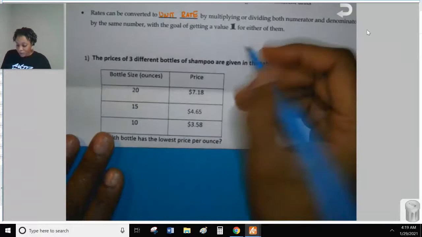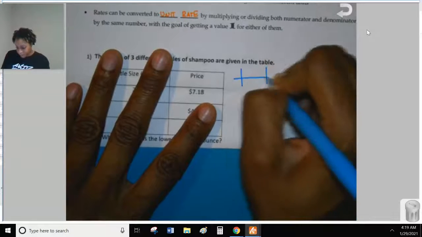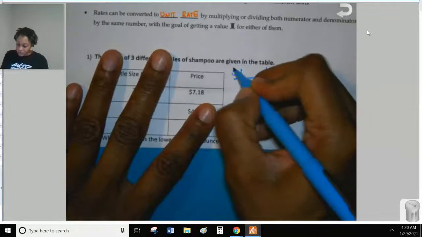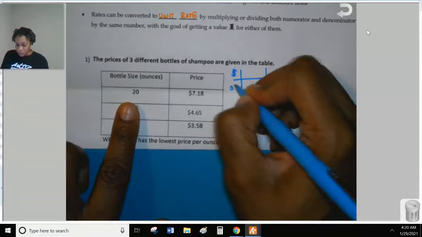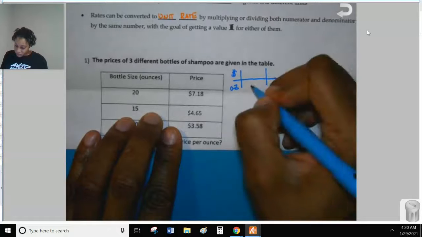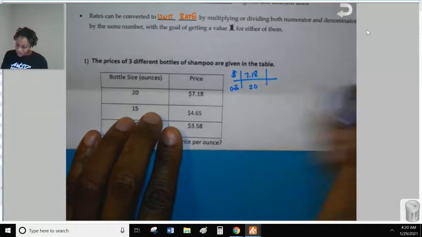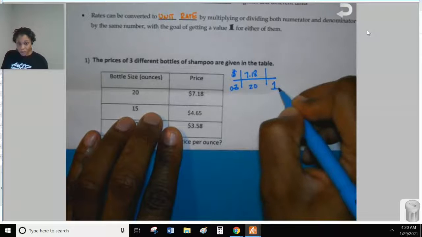The thing that I would do is set up all of my H tables. Remember, money's going to go on top and ounces is going to go on the bottom. So first we would do the 20 ounce and it's $7.18. And remember, we want this to be 1.